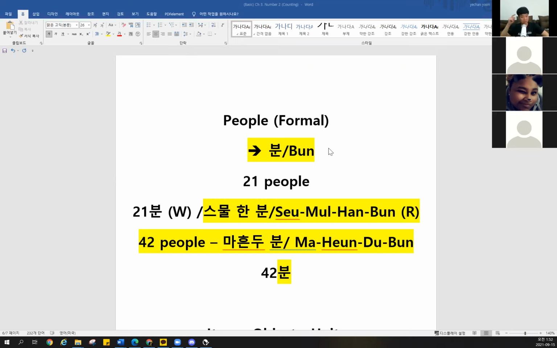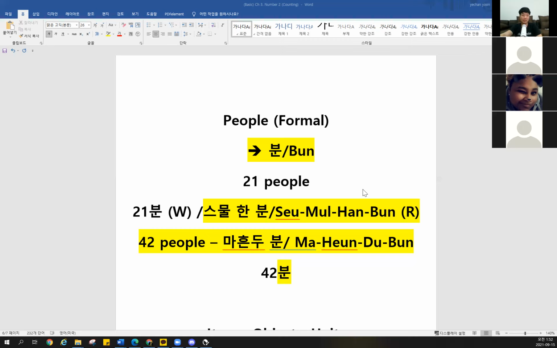This is one example. For now, you can just memorize that counting people formally uses 분. You can just memorize this format.